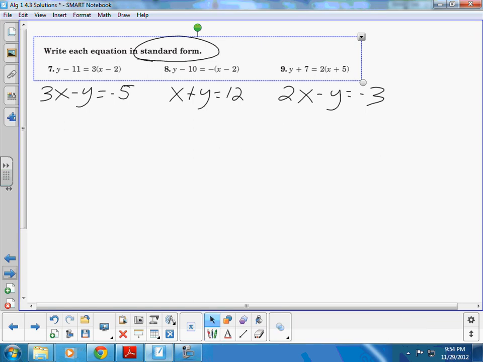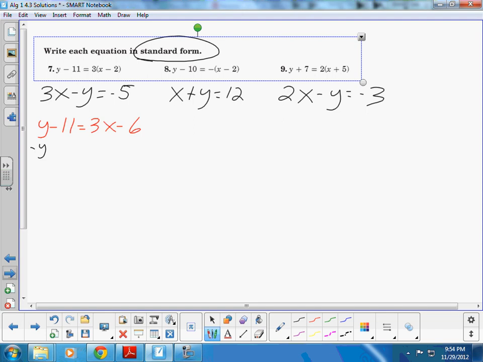To do number 7, first thing I'm going to do is the distributive property. So I have y minus 11 is equal to 3x minus 6. I am going to subtract y from both sides and add 6 at the same time.